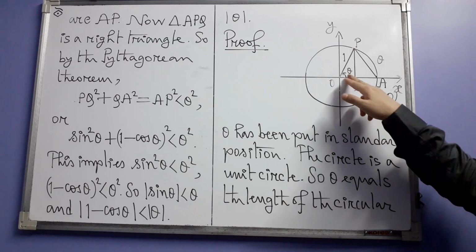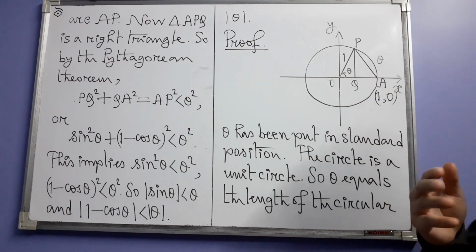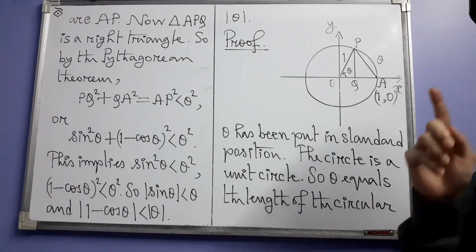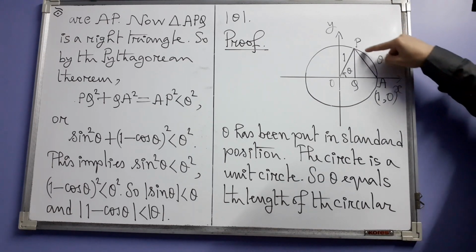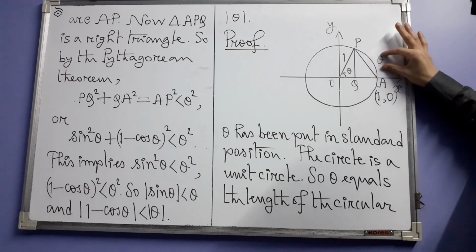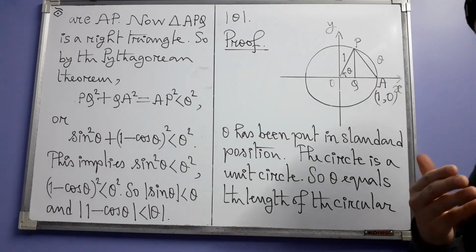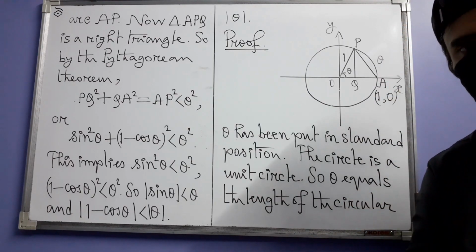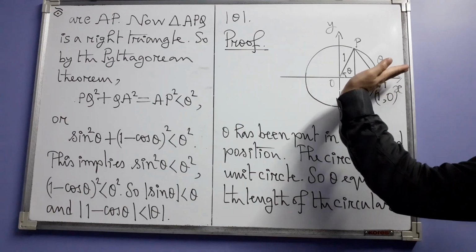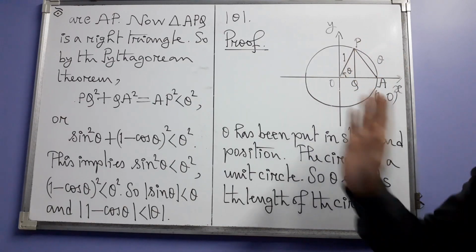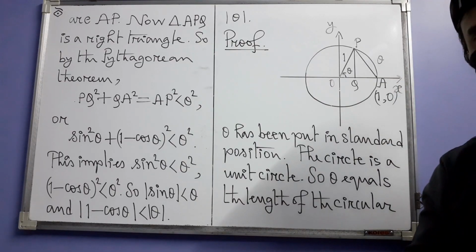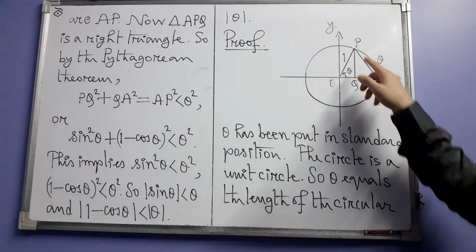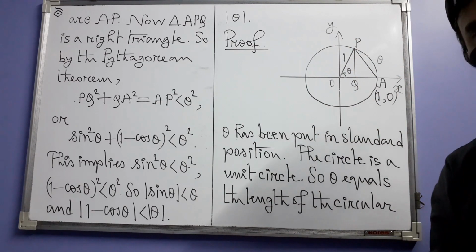So going back to what radian means, the length of this circular arc AP will be theta. Why? Because by definition the radian measure of an angle is the length of the arc that it subtends divided by the radius of the circle of which the arc is a part.